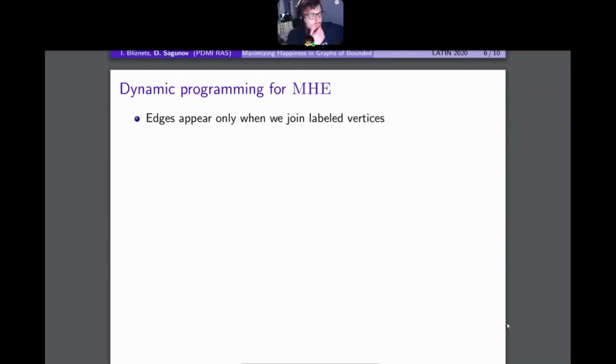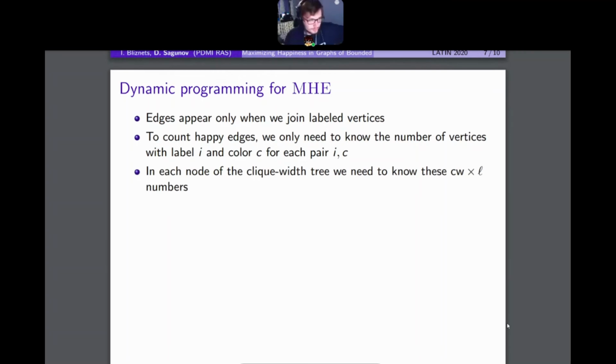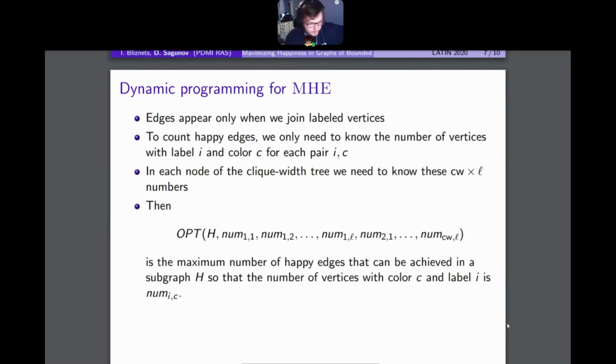Let me start with the dynamic programming for MHE. It is quite easy. We need to track edges, and they appear only when we join labeled vertices. And to count happy edges, we only need to know the number of vertices with each color and each label. So in each node of the clique-width decomposition, we need to know the number of vertices of each color and label. So we have this dynamic programming.